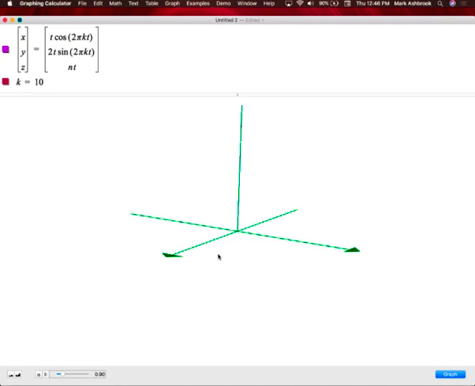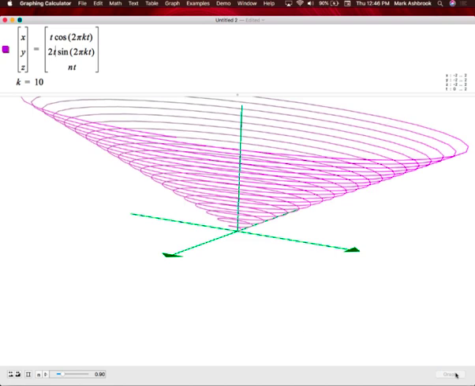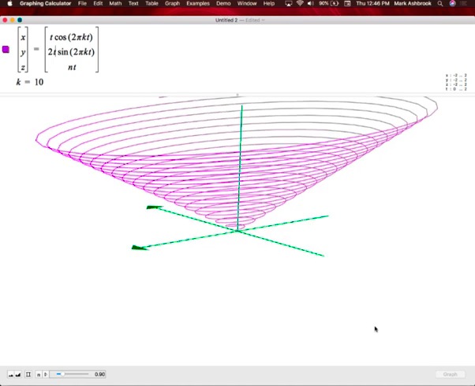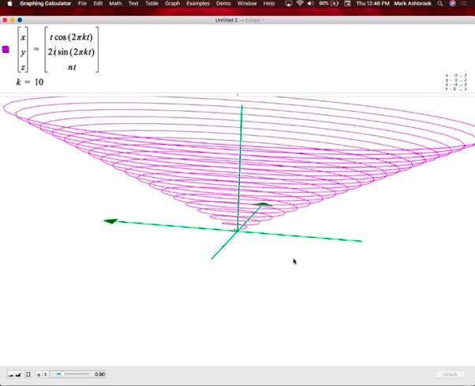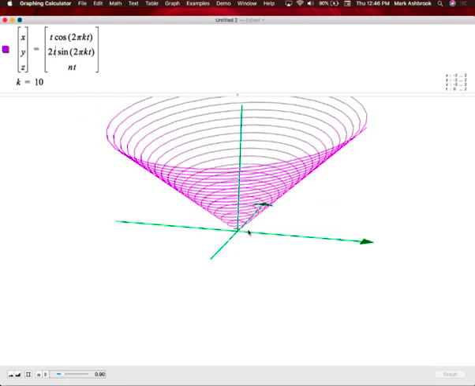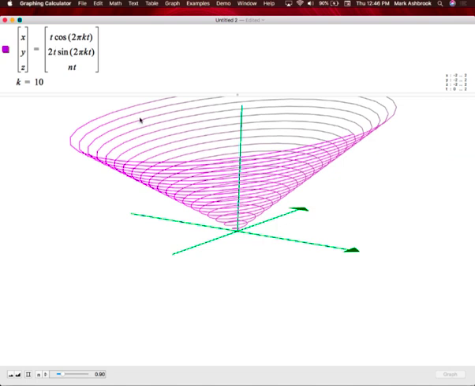What's going on? Why won't it turn for me? I don't know what I'm doing. Okay, anyway, all right, let's do something else.